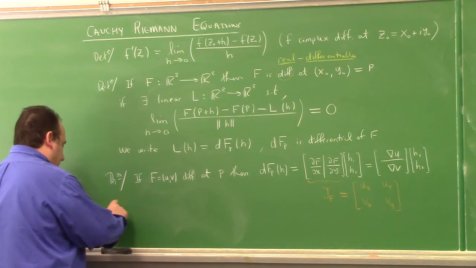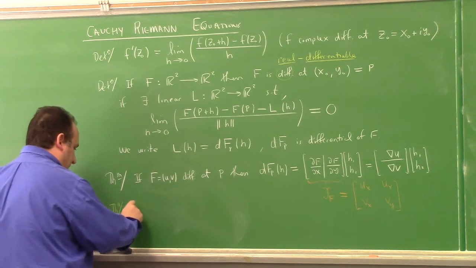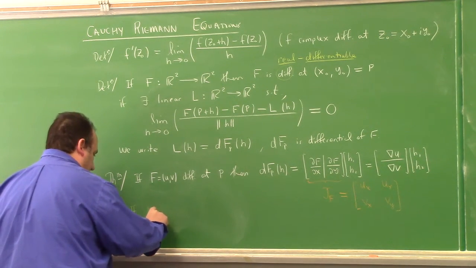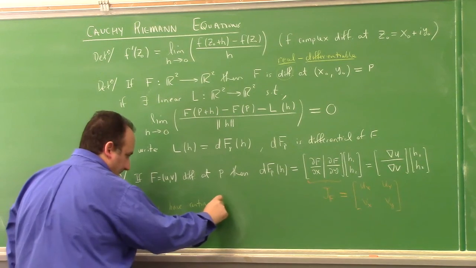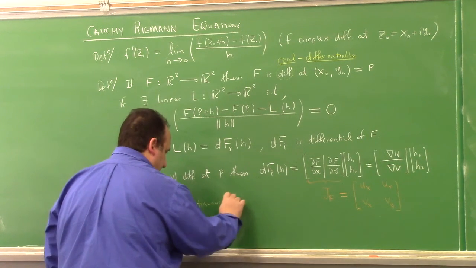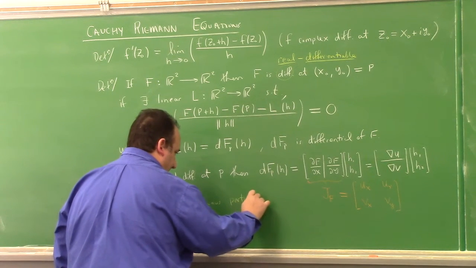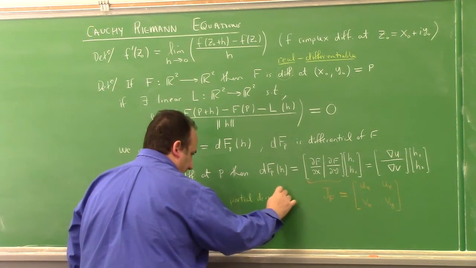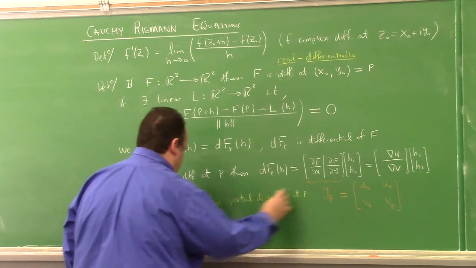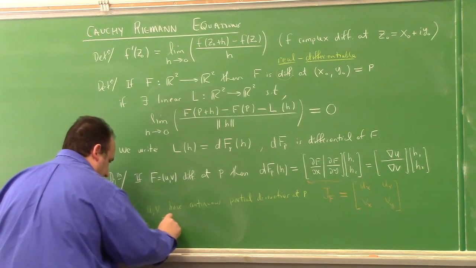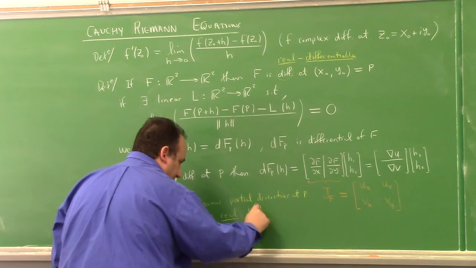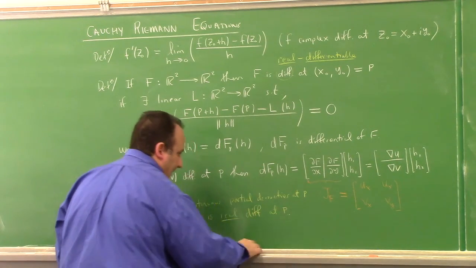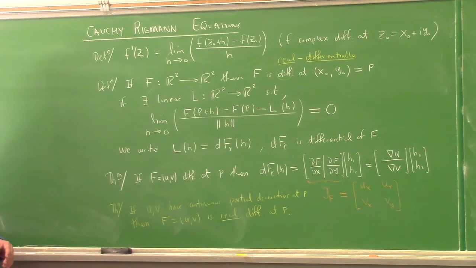The second theorem, which is super useful, is that if u and v have continuous partial derivatives at P, then F equal to u comma v is real differentiable at P. So this second result is that continuous differentiability implies differentiability.